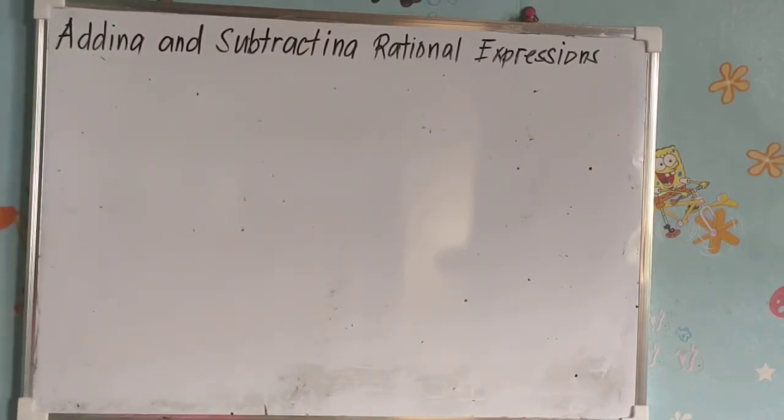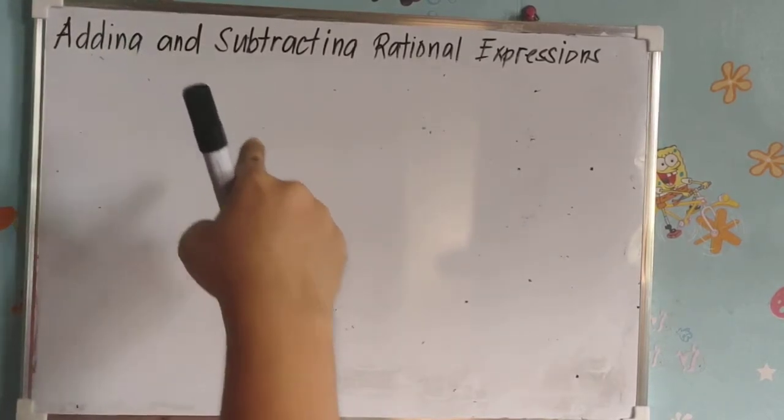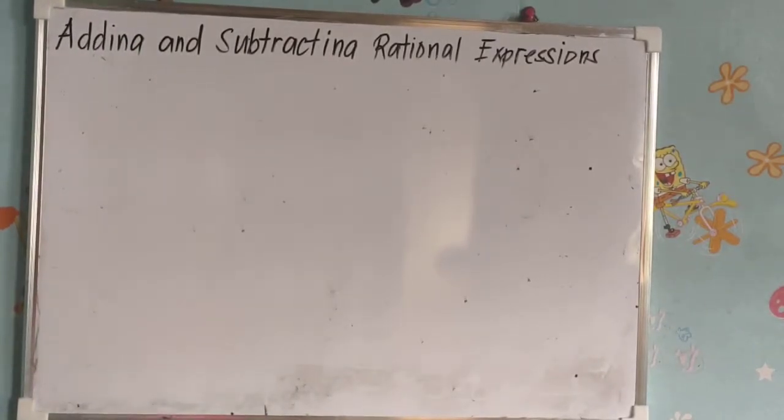Because the key in adding and subtracting rational algebraic expressions lies in your skill in determining or finding the LCD first. If you mess up finding the LCD, then everything is wrong.